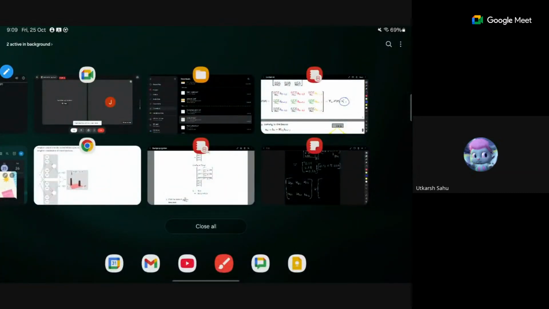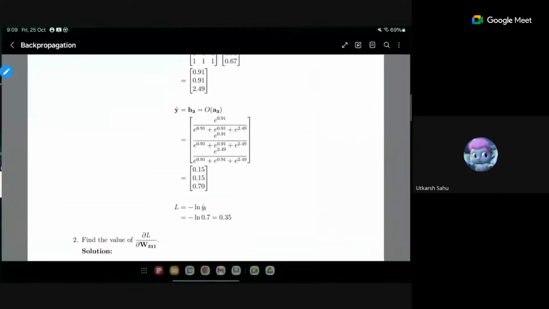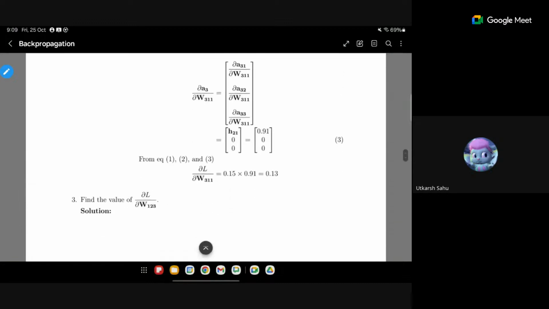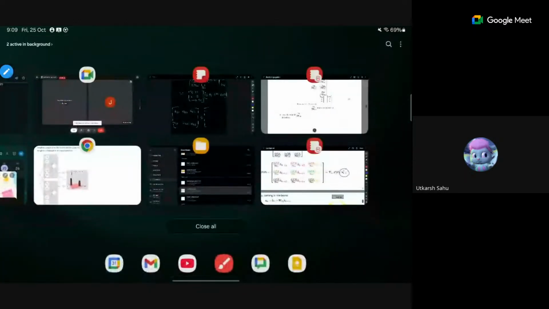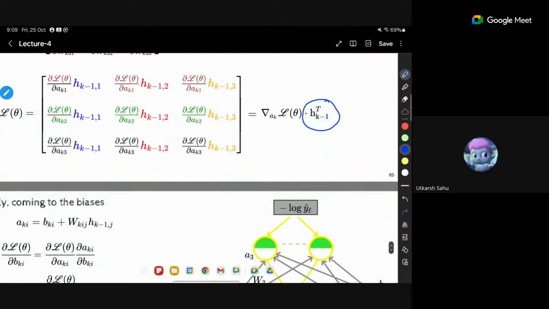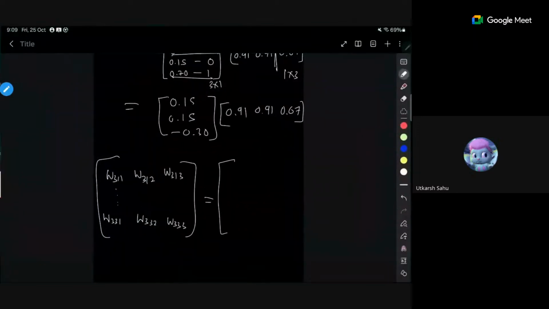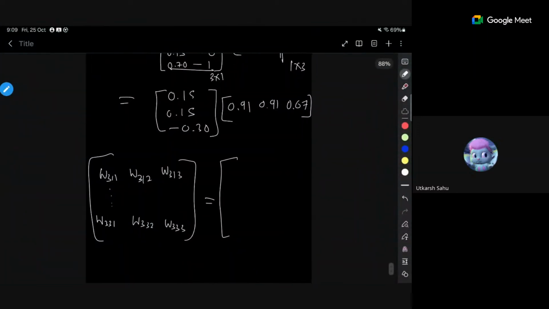I think all of them are not mentioned there, so I think I have to do it myself. 0.14 you can write, sir, just approximate. First one? Yes, sir. So then again I'll get 0.14. Here also I'll get 0.14, and so 0.14.